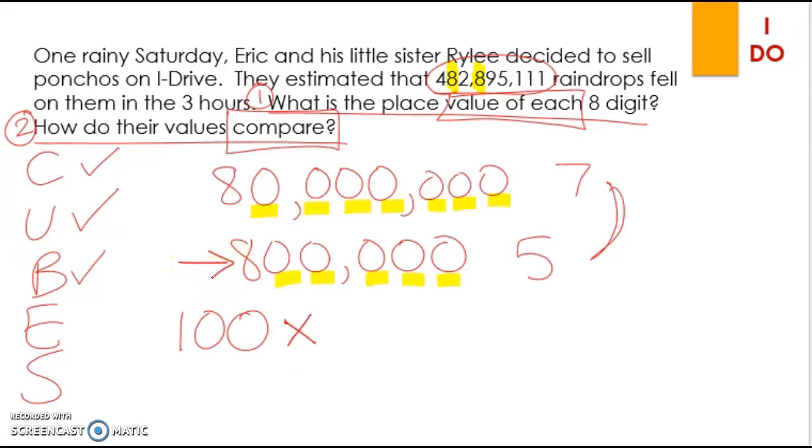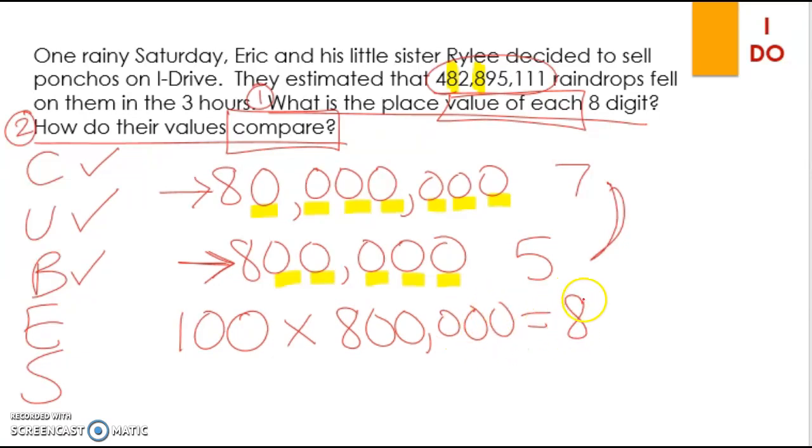80 million is 100 times 800,000. Let's write that. 100 times 800,000 equals 80 million. What is the relationship?